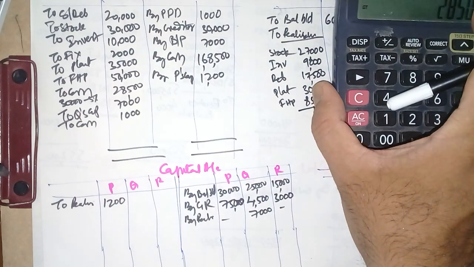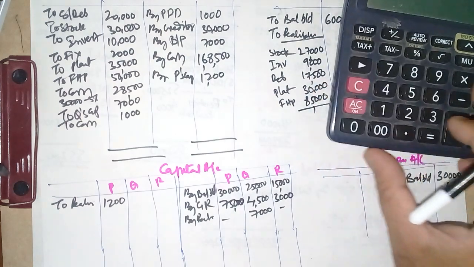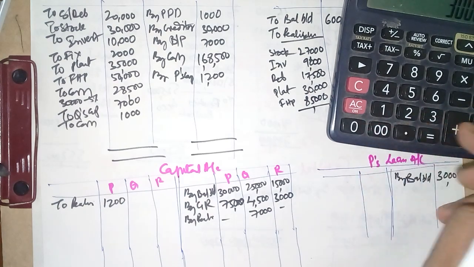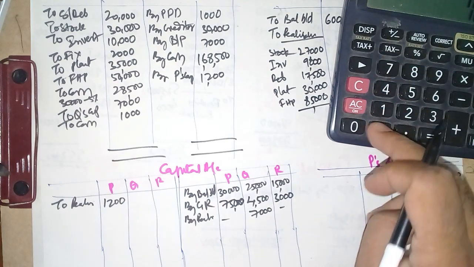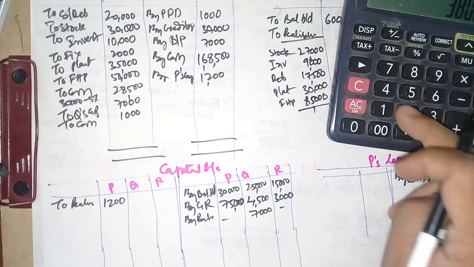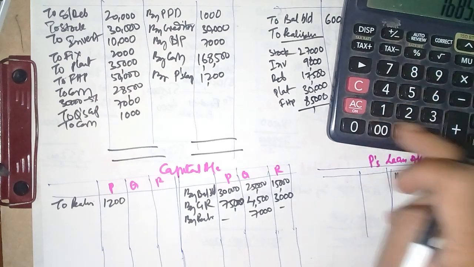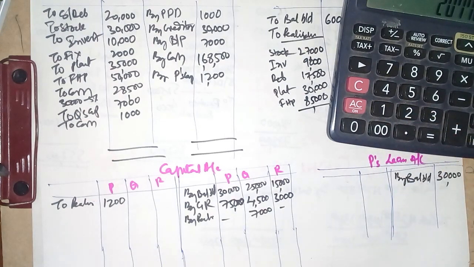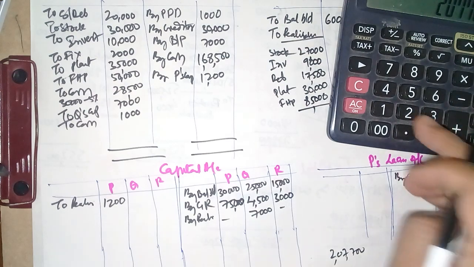So we will make the summation of credit items. So 1,000, then 30,000, then 7,000, then 1,68,500, then 1,200. It comes to 2,07,700, summation of credit, right? Minus the debit summation, you will get profit or loss.